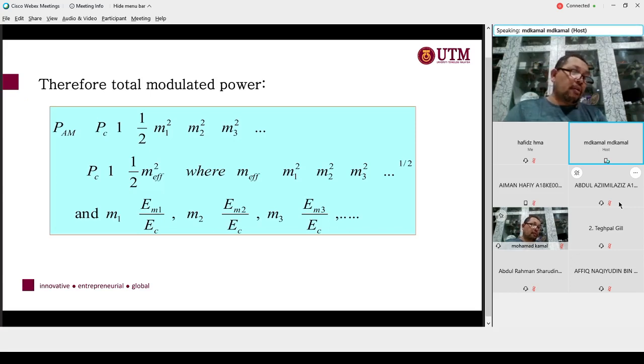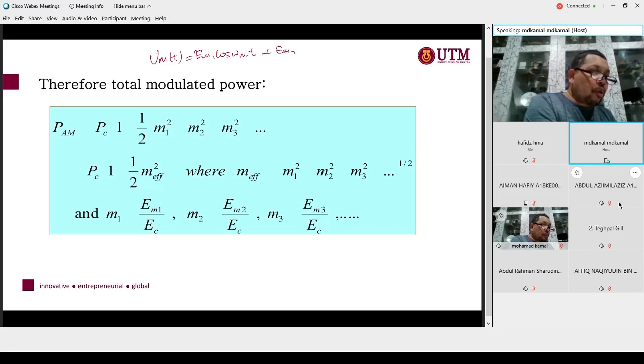For each frequency, for example, you have VM(t) equal to EM1 cos omega M1 t plus EM2 cos omega M2 t plus EM3 cos omega M3 t and so on.